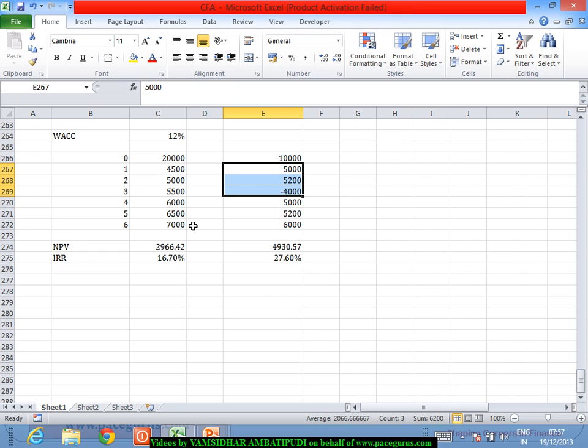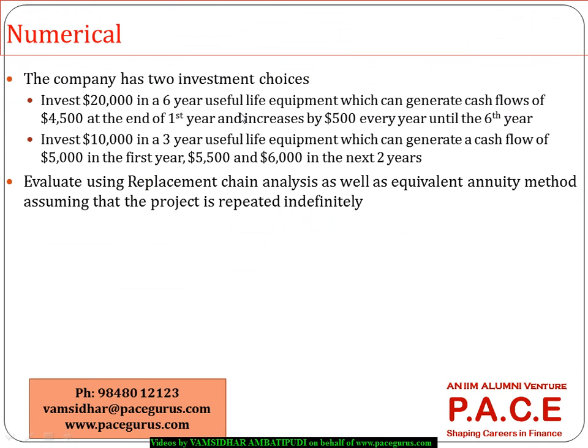That is where I will evaluate which project is better. That is what we call the replacement chain analysis or the least common multiple approach.